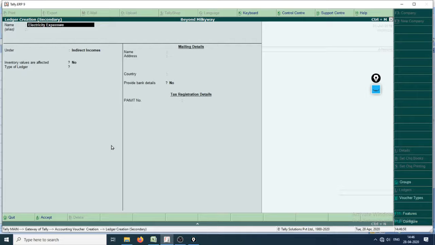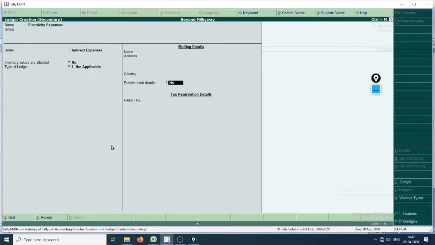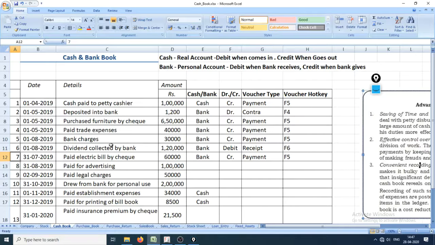expenses, indirect expense. Yeah, so if the electricity bill is of the office, then it is an indirect expense. If the electricity bill is of the godown or manufacturing unit, then it is a direct expense. But we are assuming that it is of the office only because this bill amount is too low, that is 60,000 only.